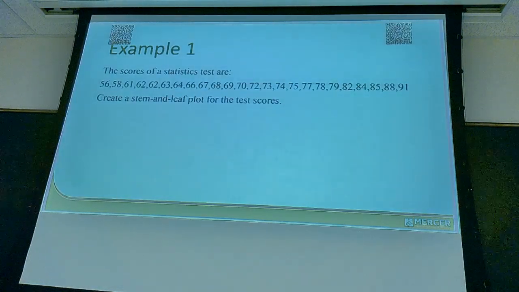The 70s: 70, 72, 73, 74, 75, 77, 78, 79. Look at the ones digits: 0, 2, 3, 4, 5, 7, 8, 9.